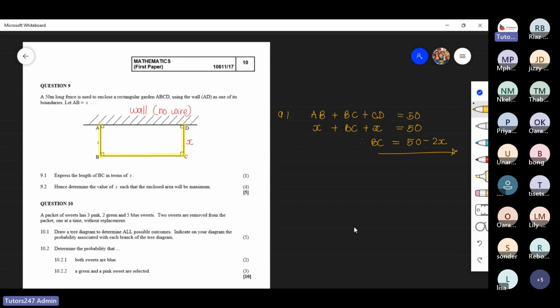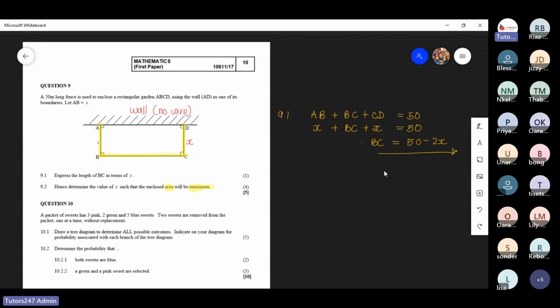That is why they made use of the word hence. So hence, determine the value of X such that the enclosed area will be maximum. So two things should stand out. Number one, area. Number two, maximum.